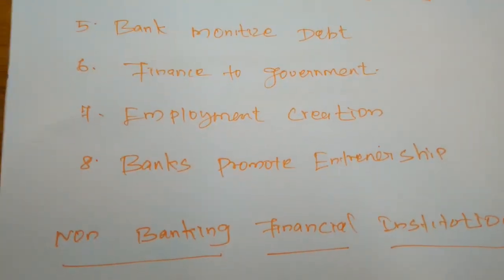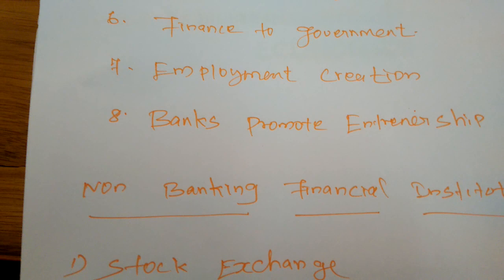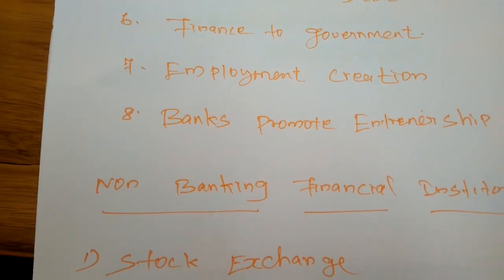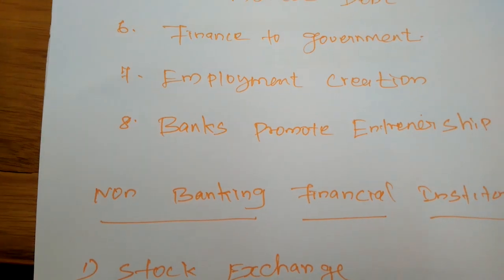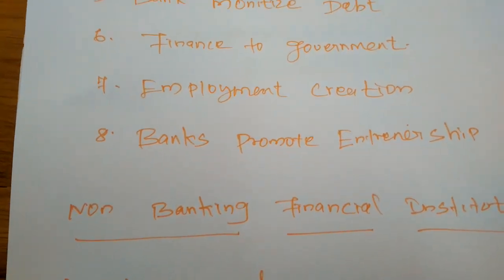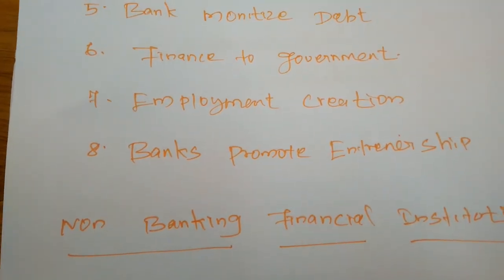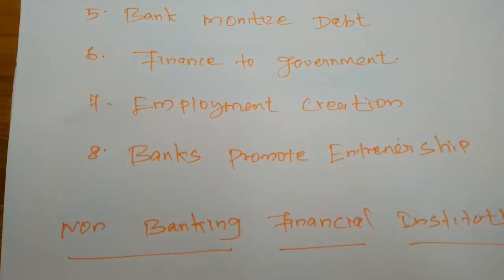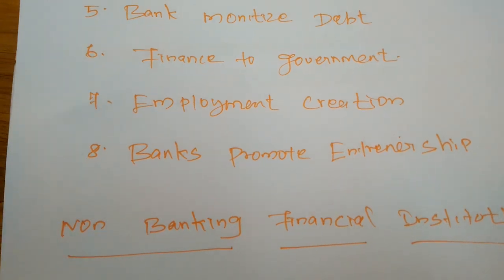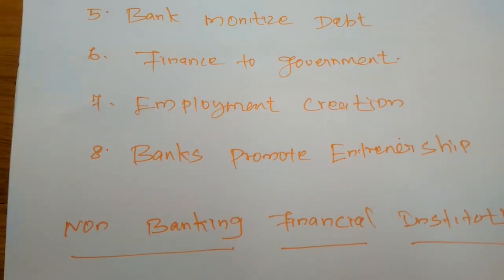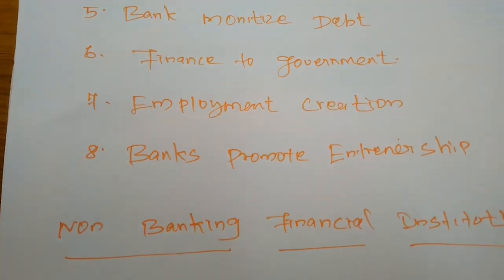So here the commercial banks are providing the required amount to the government also. And the commercial banks also provide a chance to increase the capital amount of the government by way of selling and purchasing shares and debentures.